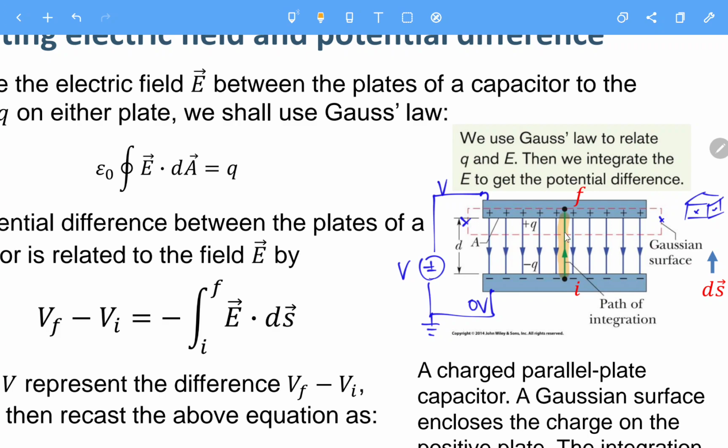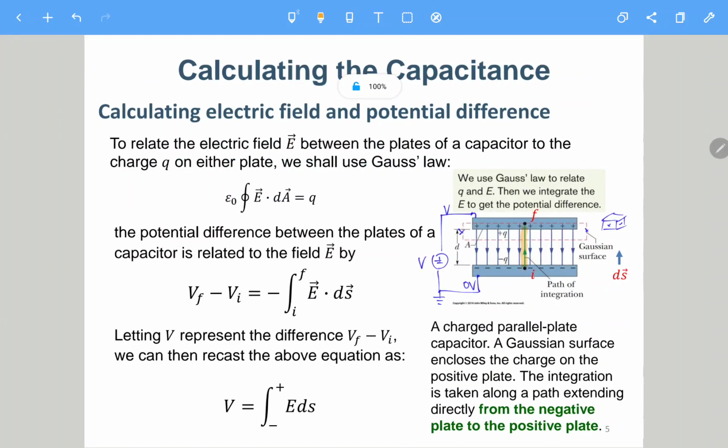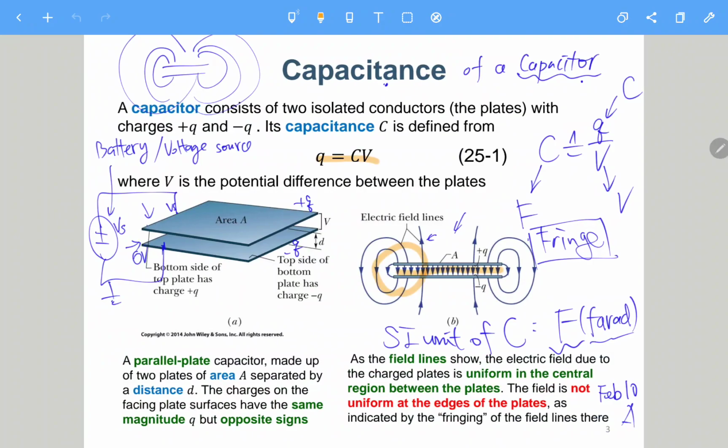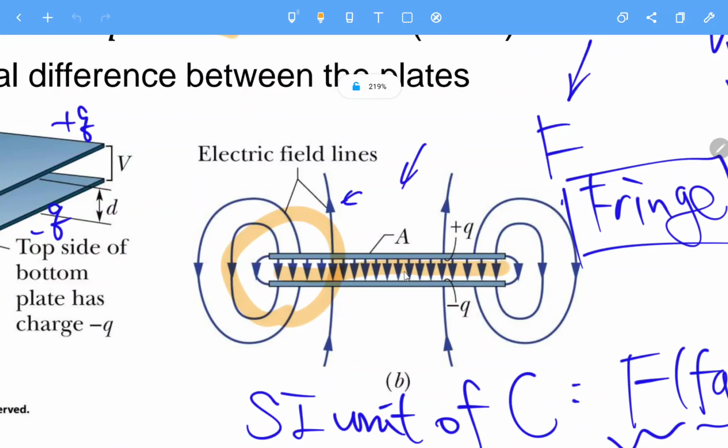As you know, for the parallel plate capacitor, this is the positive plate and this is the negative plate. If this is a higher voltage and this is a lower voltage, then there will be an E field pointing downward. We assume the E field is uniform between the plates, and approximately the E field is 0 outside. In the real situation, the E field should look like this.